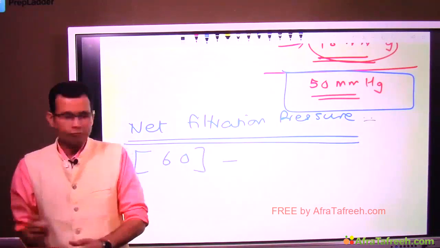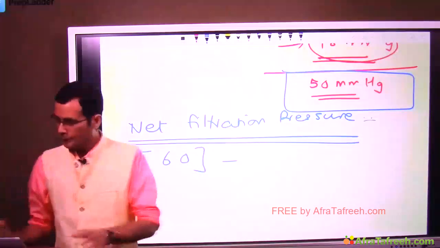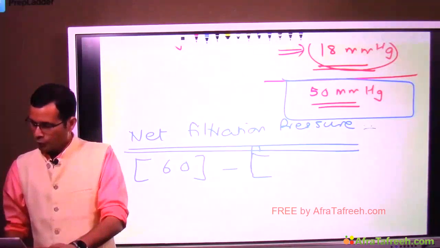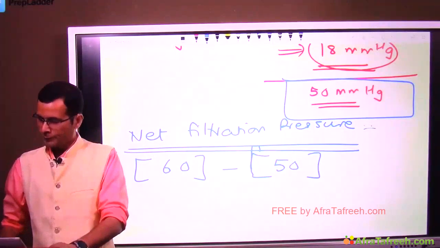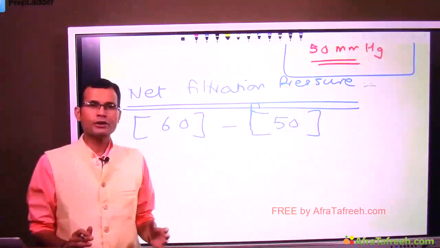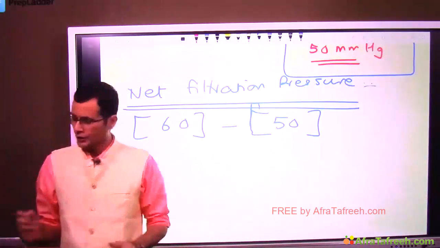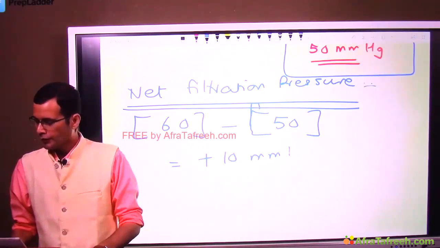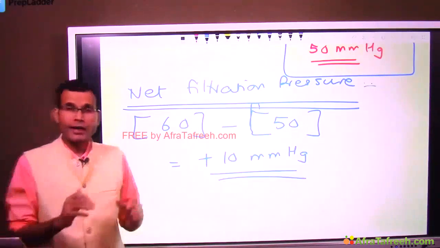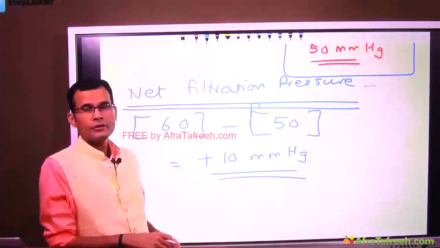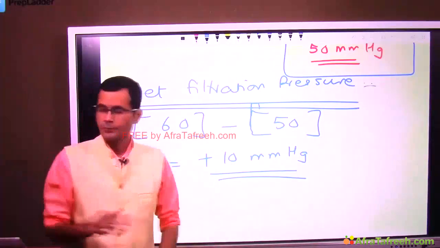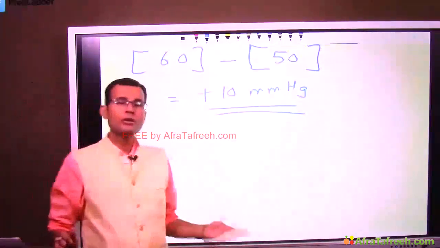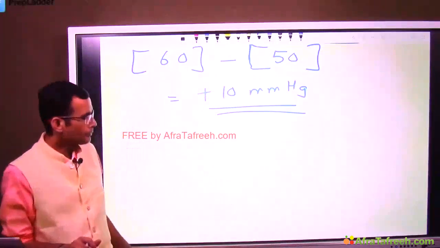Look, the favoring pressure is 60 and the opposing pressure is 50. Therefore, net filtration pressure that actually causes the filtration is plus 10 mm of Hg, which actually causes the filtration at the glomerulus. So that's the net or effective filtration pressure.